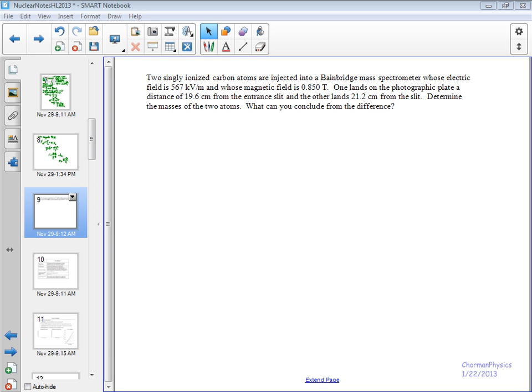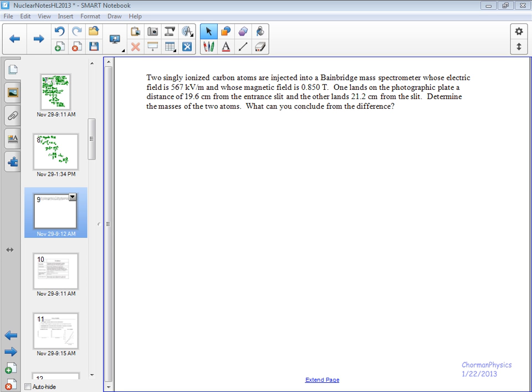Continuing from what we did in class today, we're going to show you how to solve a problem for a mass spectrometer. You're given only the strength of the electric field, the strength of the magnetic field, and the distance on the photographic plate from the entrance that each particle lands.